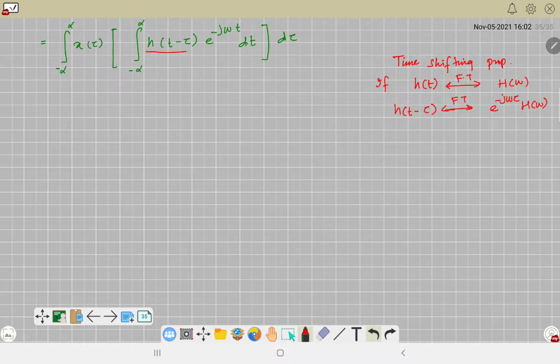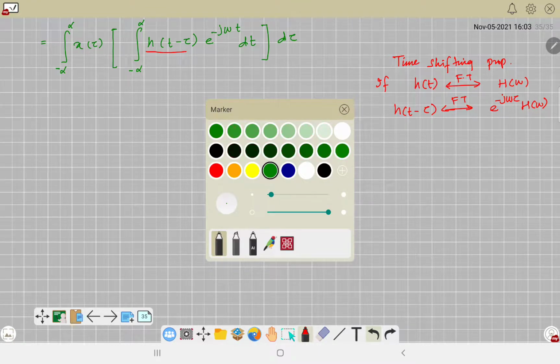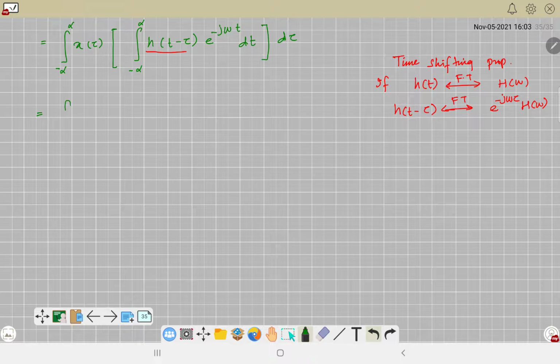Fine, we just did it. So if I use this kind of a substitution here, let's see what happens. It will be minus infinity to plus infinity x of tau, and this is basically the Fourier transform of h of t minus tau, so it will be equivalent to e raised to the power minus j omega tau H of omega. Then we have our own d tau.